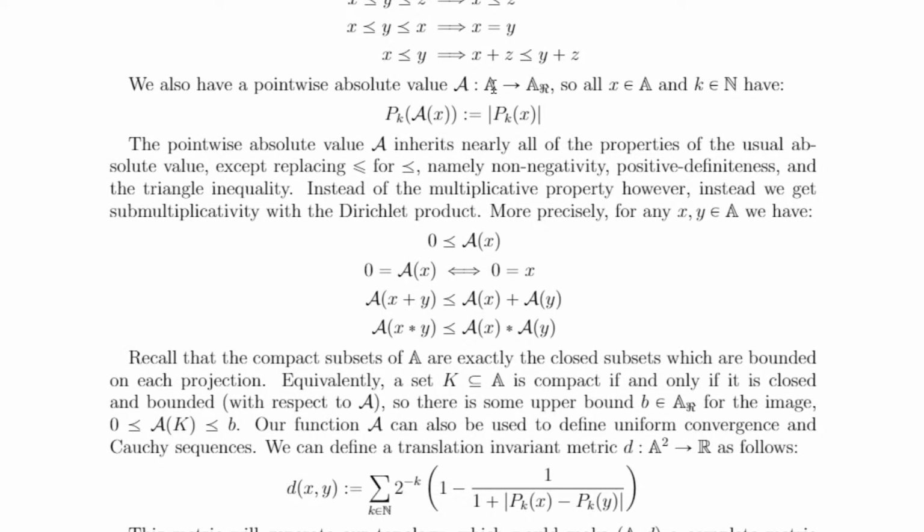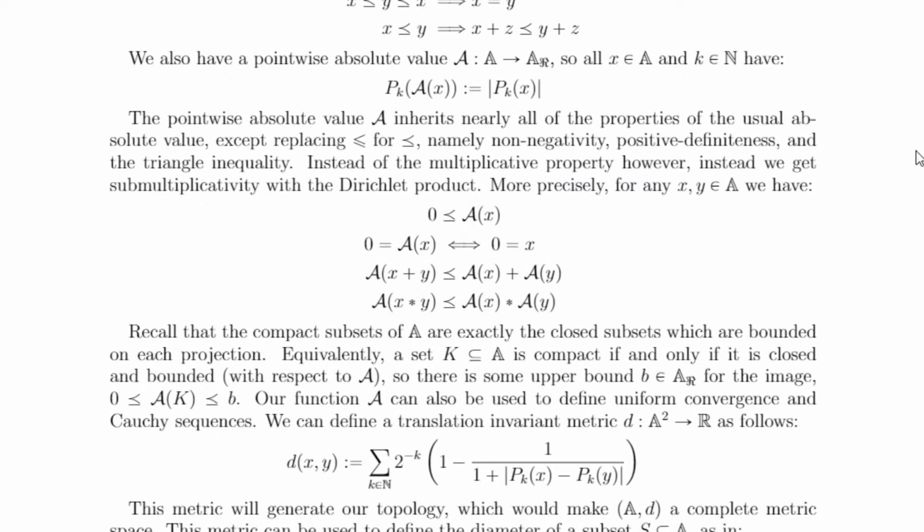So whenever we have some presumed complex sequence, we can apply this A function, and we'll get some real sequence where it's just the absolute value on each index. Because this is defined in terms of the actual absolute value bars for the complex number space, it inherits almost all of the usual properties, except instead of less than or equal to, we'll have to use this precedes or is equal to.